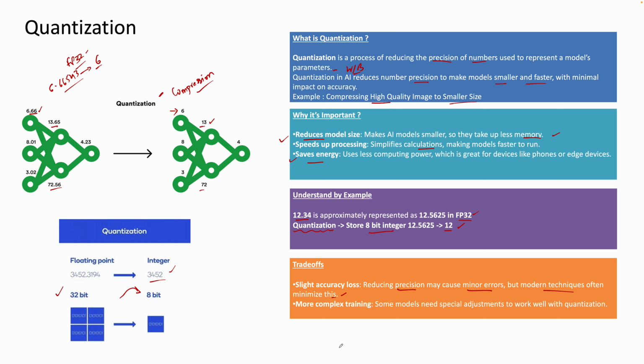So there is a slight accuracy loss, but with that accuracy loss, obviously you need to do some further training, right? So you need to train your model again, because you need to see how the model behaves with these numbers, right? So some more level of training or complex training would be needed to adjust so that you ensure that even with this level of quantization, it works.